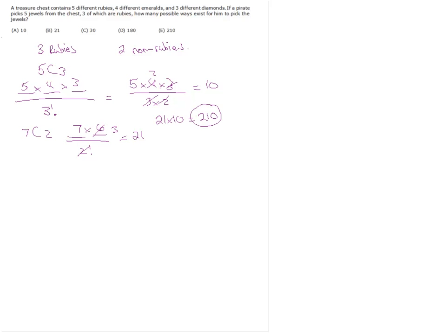Now, here's what's important. If we change this question, instead of how many possible ways can he pick the jewels, to say, keep in mind, based on my change, the grammar is a little off here, but for all intents and purposes, what's pretty much being said is what is the probability of selecting the 3 rubies?